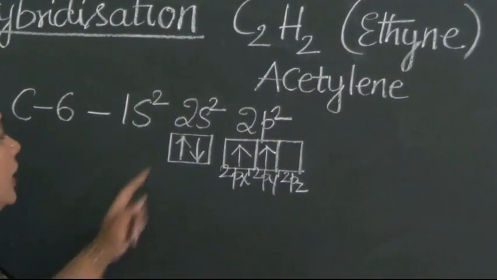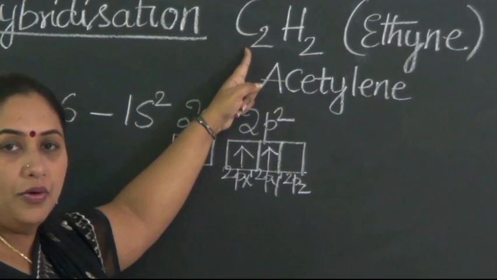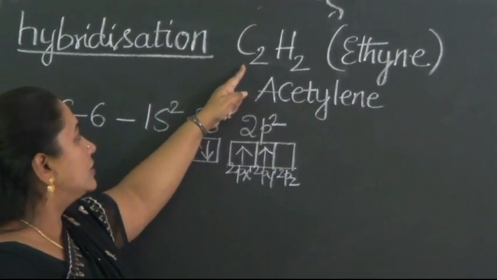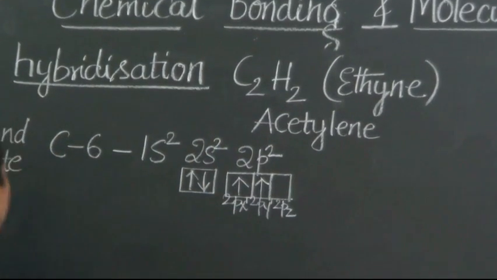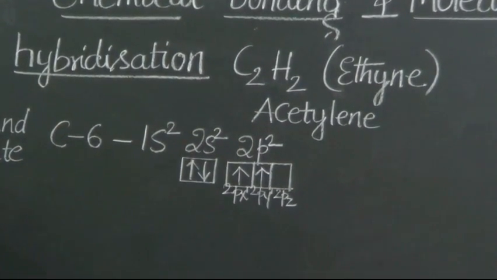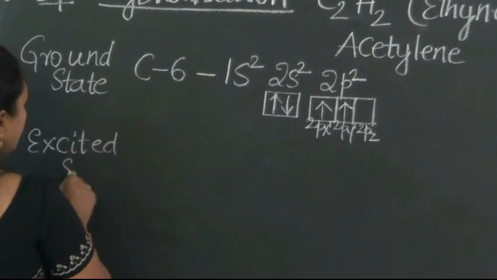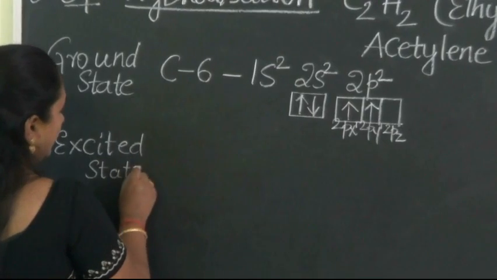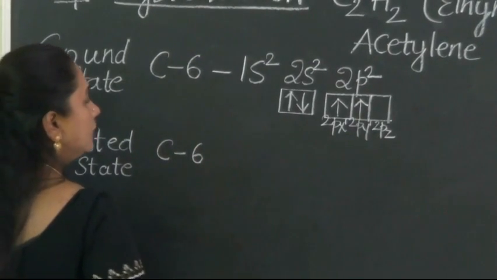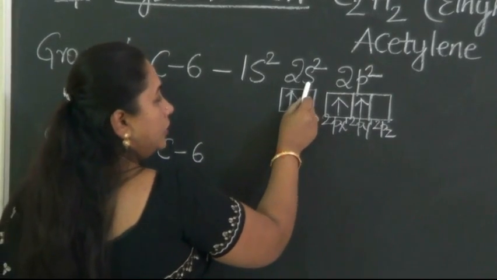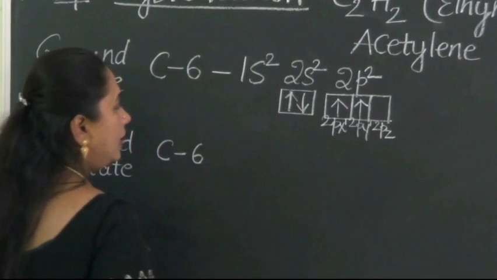Now, as the hydrogen atoms approach the carbon atom to undergo bond formation, energy gets released and the carbon atom gets excited. So let us see the excited electronic configuration of the carbon atom. So how is the excited state electronic configuration? One of the electrons from the 2s energy level gets promoted to the 2pz energy level.